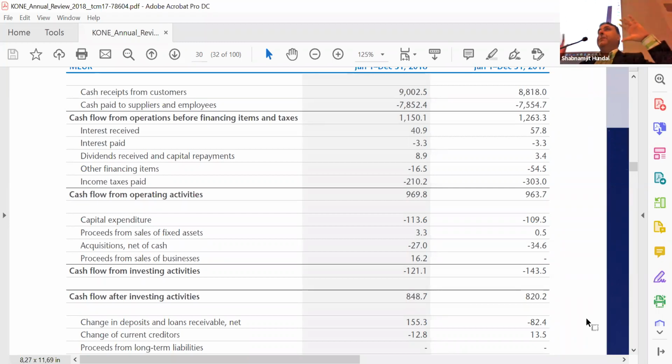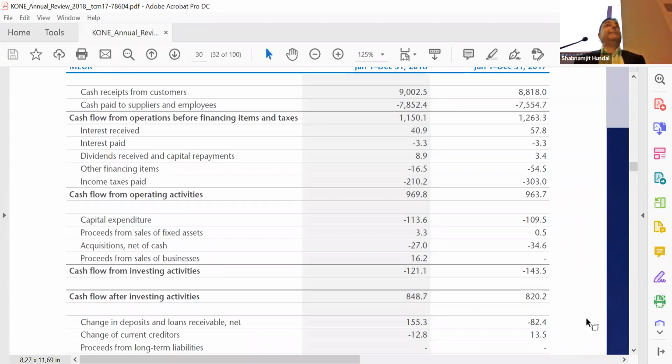It doesn't really depend upon whether you are a very successful or unsuccessful company. But normally, cash flow from operations for a normal successful company should be positive, and cash flow from investing for an expanding business should be negative. Whereas cash flow from financing could be both positive and negative, depending upon interpretation, how you draw the conclusion.